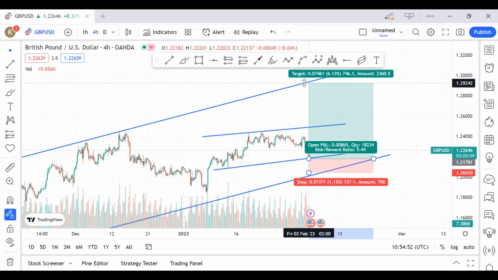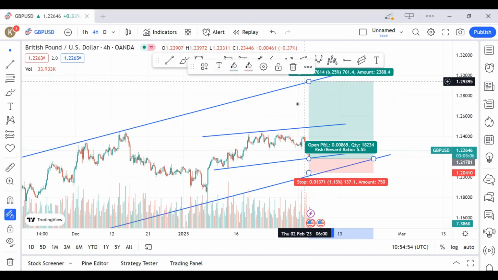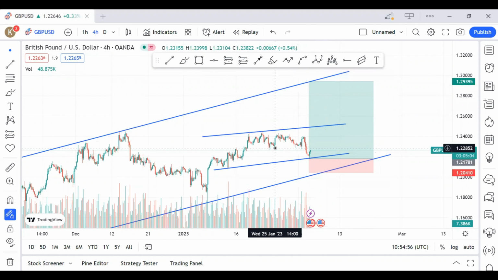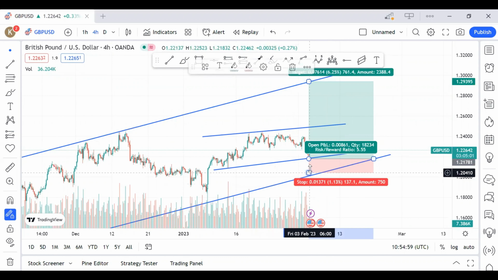Moving to this side here. I'll take a level from here and put my stop loss here.